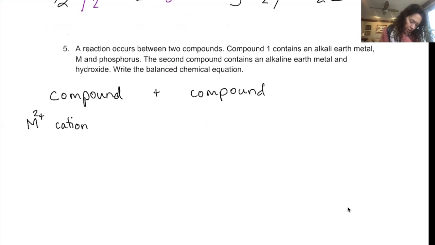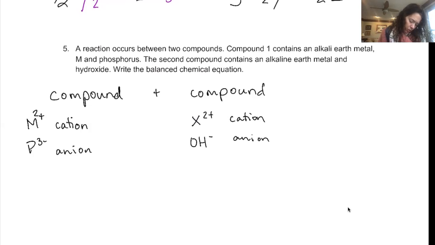That's my cation. And phosphorus, which is 3 negative, that's my anion. Okay? The second compound contains an alkaline earth metal. We'll make that X. It's alkaline earth metal, so it's a 2+ charge. And dihydroxide, so that would be OH negative. So this would be my cation, right? And this would be my anion.